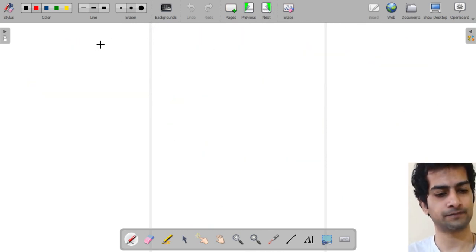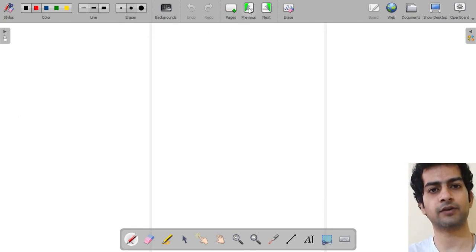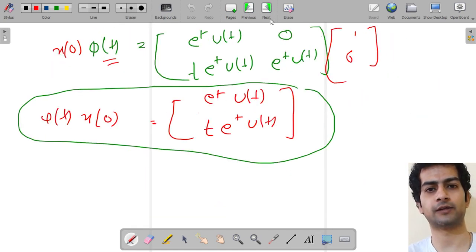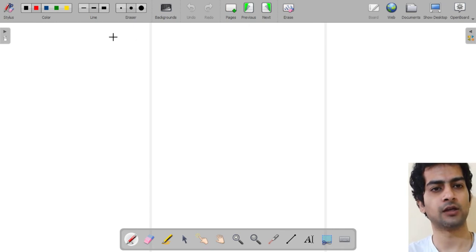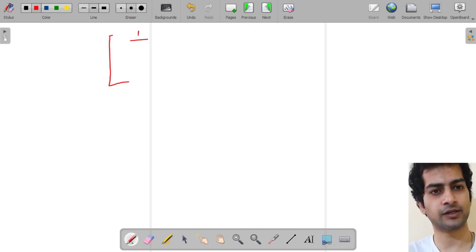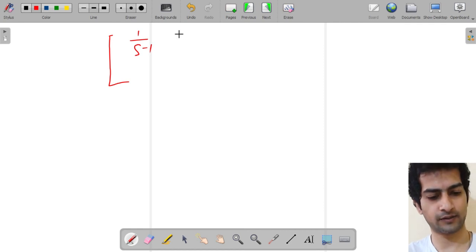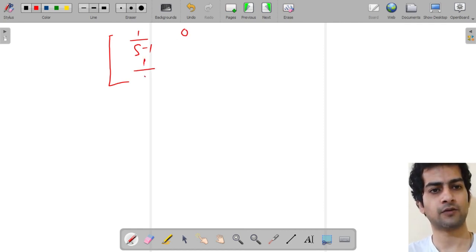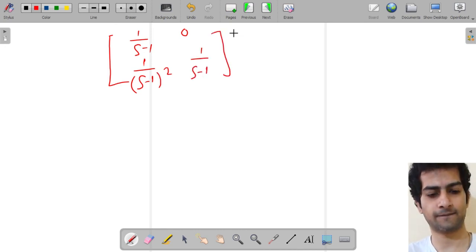Here we will keep it in S domain only for simplicity. So what is our (sI minus A) inverse? It is 1 by (s minus 1), 0, 1 by (s minus 1) whole square, 1 by (s minus 1).